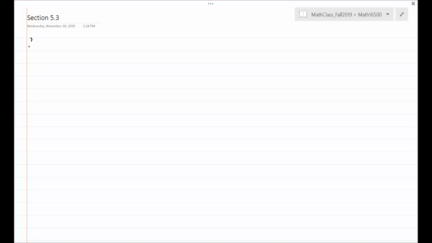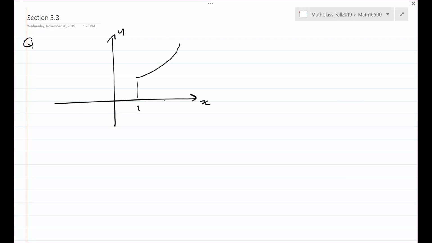So we have a question here, and let me draw the picture here. That's the x-axis and y-axis. I have a curve. This is just a piece of curve, okay? And this is 1. That's 2. So here's 2 and 4.